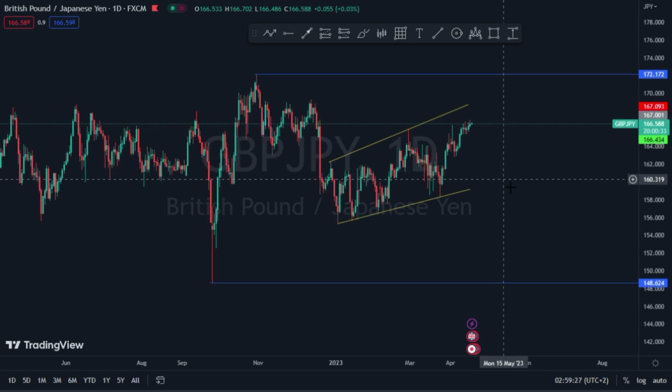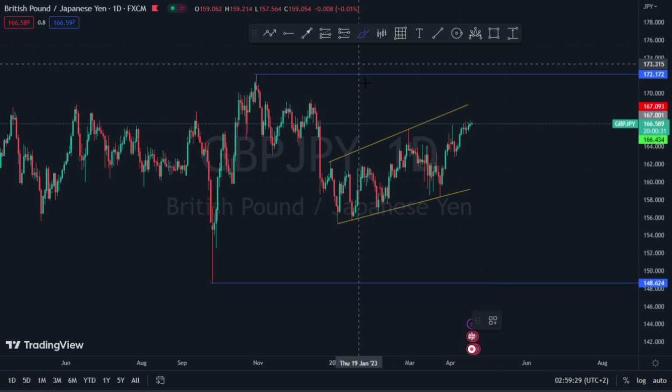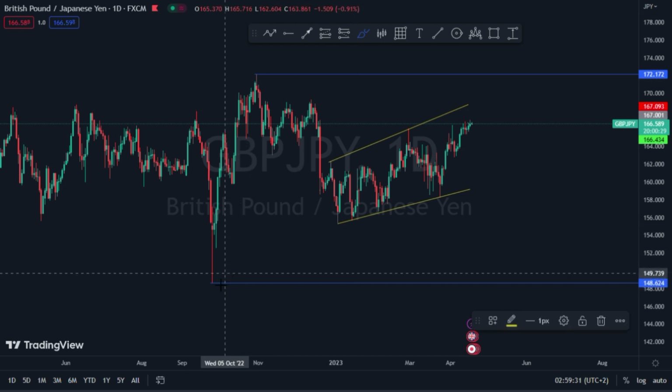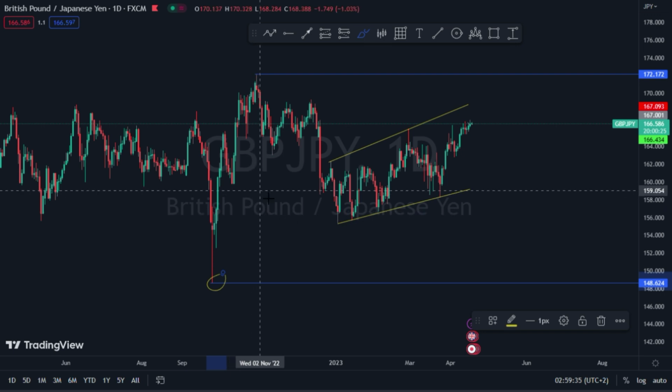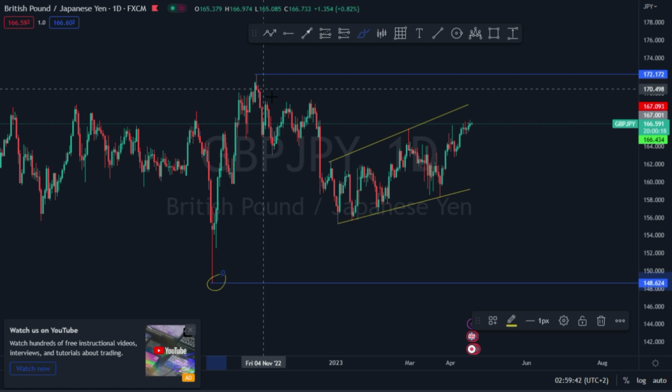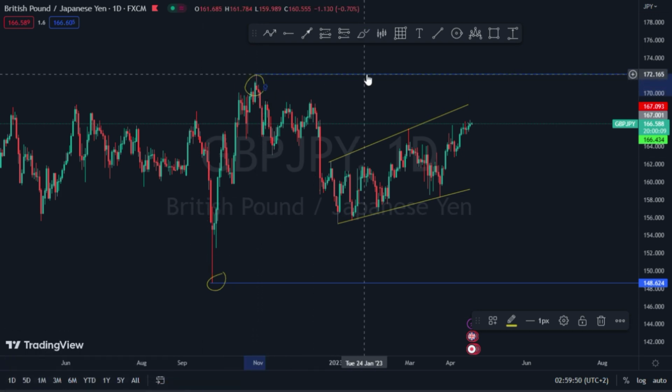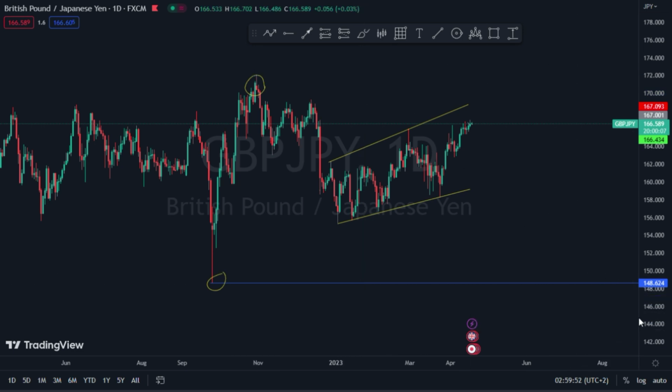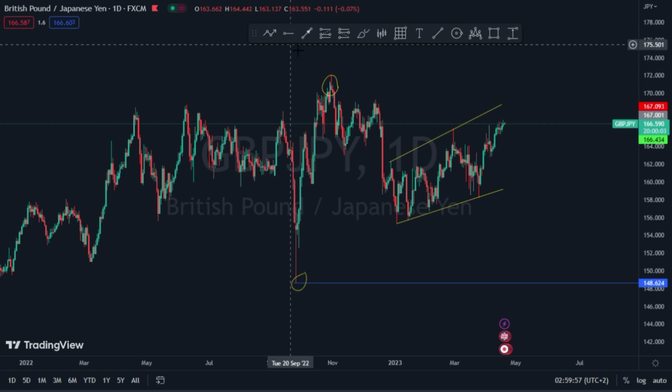So here on the daily, I have identified my lows of the market, and I have identified the highs of the market, right? And even if the market was still around these areas right here, I would have used this level right here as my highs, right?